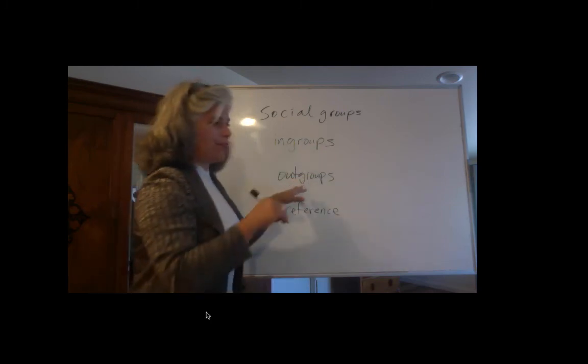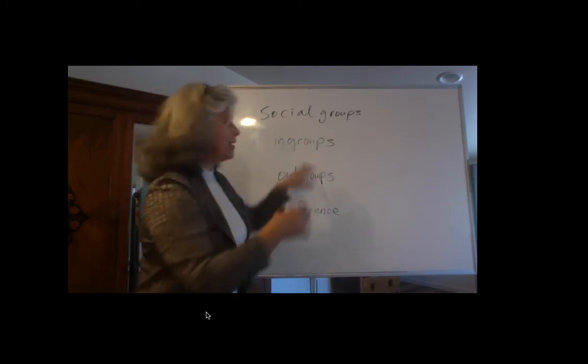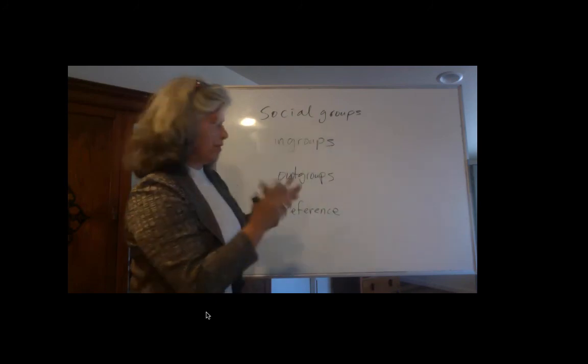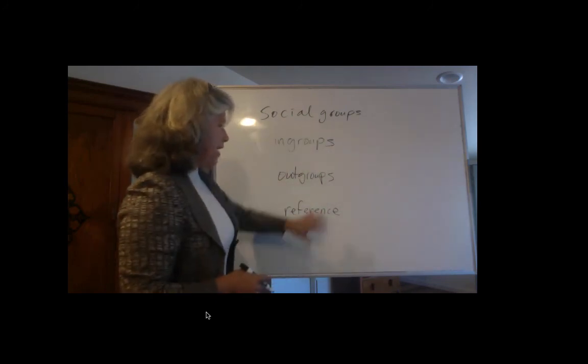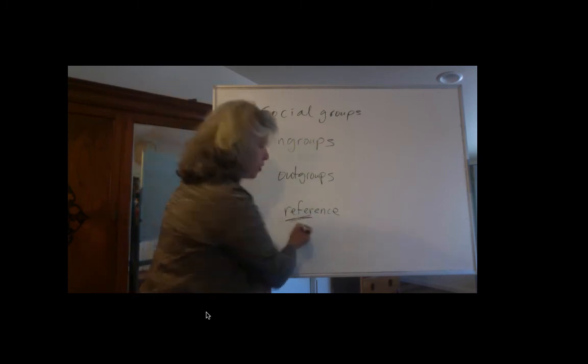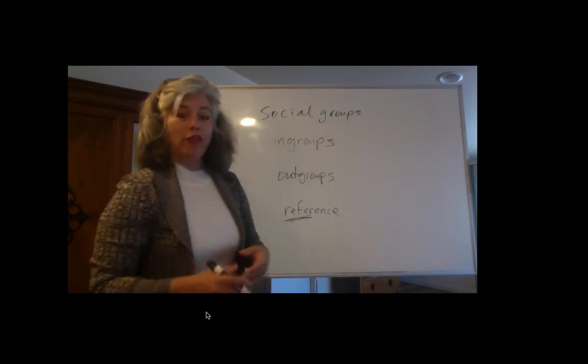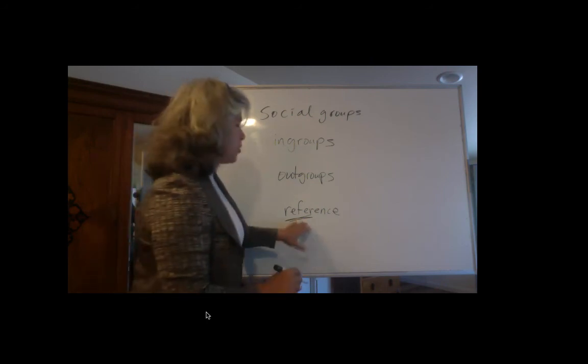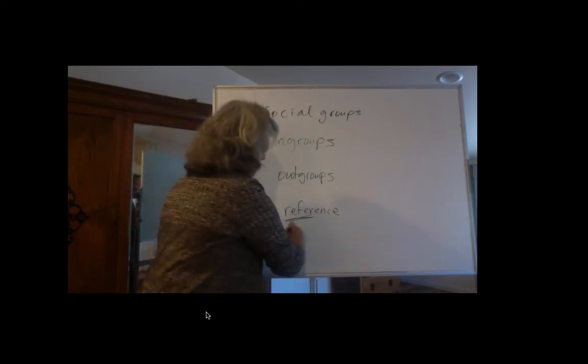Your out-group is everybody else that is outside of that collection of people. And a reference group is anyone that you literally, look at this word, refer to for your behavior, for approval. Think about your reference group also as peers.